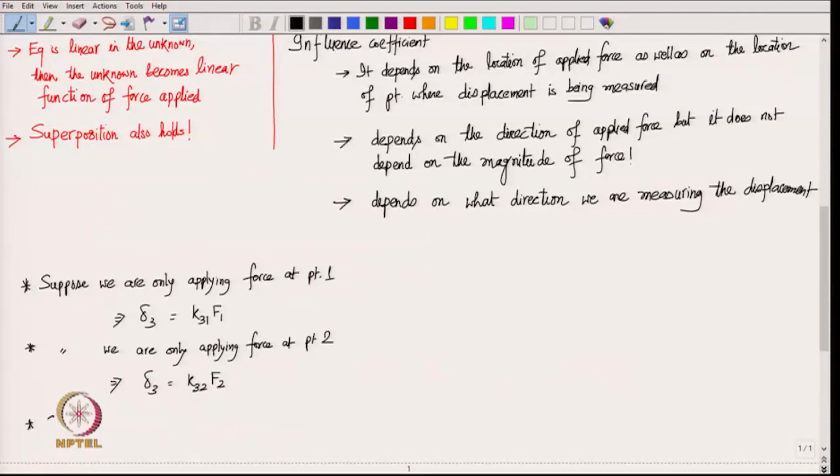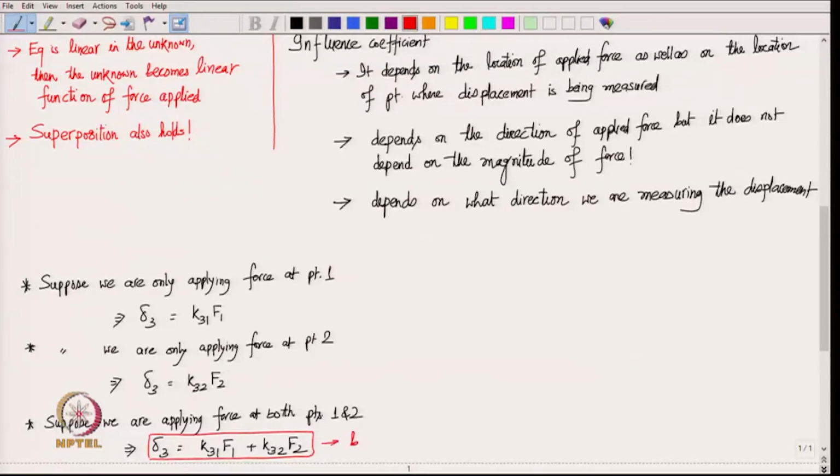And finally, suppose we are applying force at both points 1 and 2, okay, then superposition has to hold because the equations are linear, and that implies that delta 3 is simply k 31 into f 1 plus k 32 into f 2, okay, and this is because superposition holds.